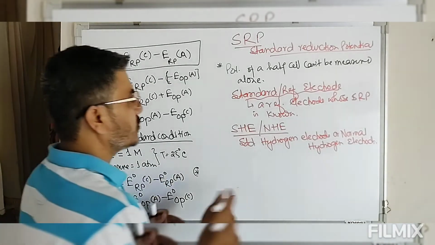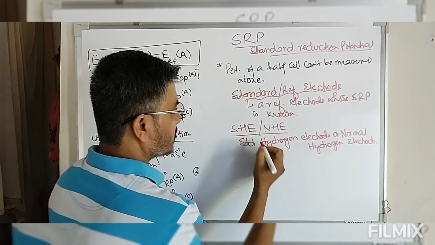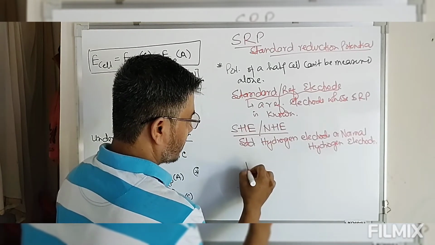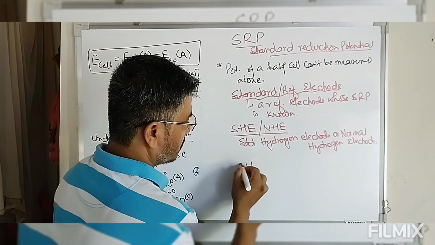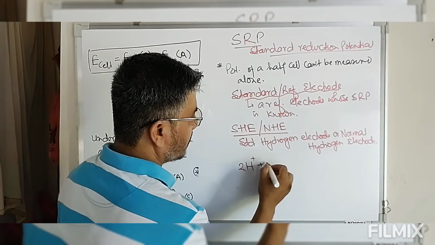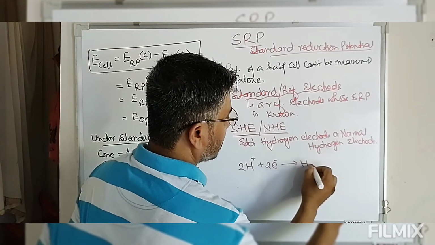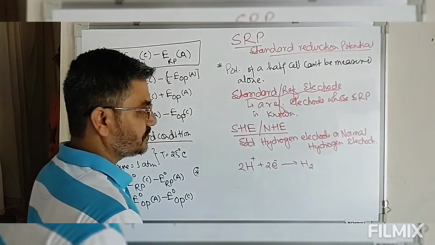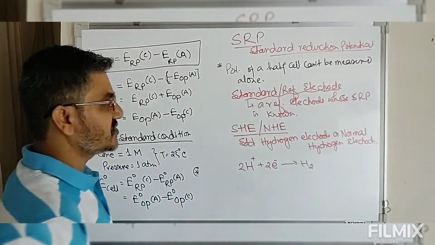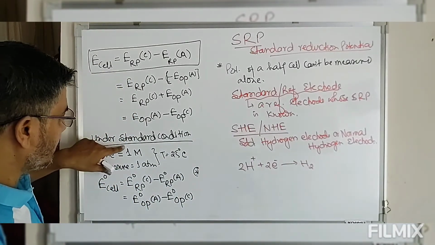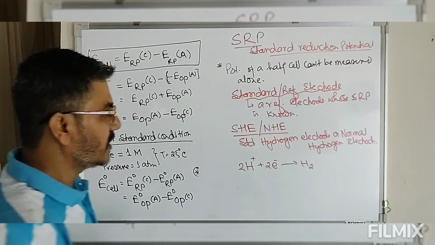So the standard hydrogen electrode. Look at this, we have 2H+ combining with 2 electrons to give hydrogen gas. Since this is under standard condition, we have concentration 1 molar and pressure of hydrogen gas 1 atm.